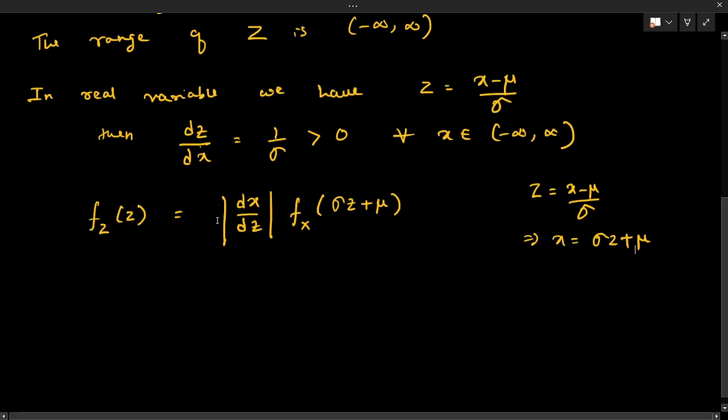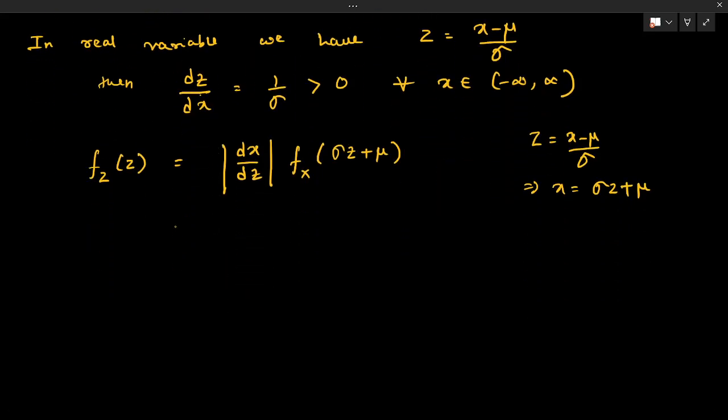Now after substituting this value, we get sigma into 1 by root over 2 pi sigma, e to the power minus half, in place of x we write sigma z plus mu, minus mu, divided by sigma, this whole square.